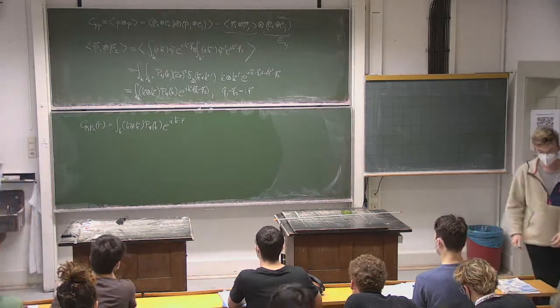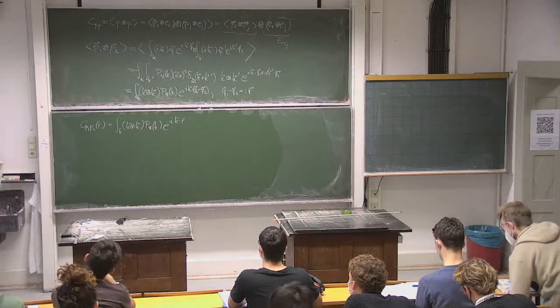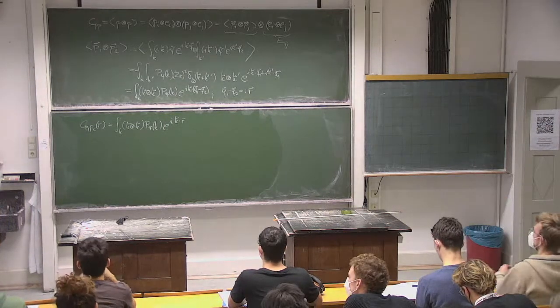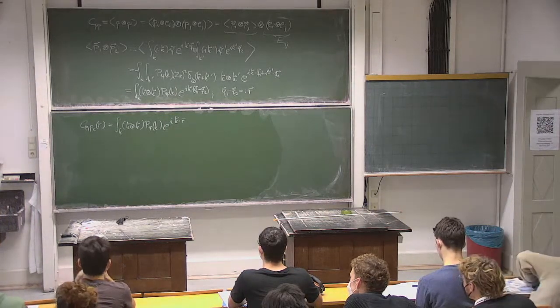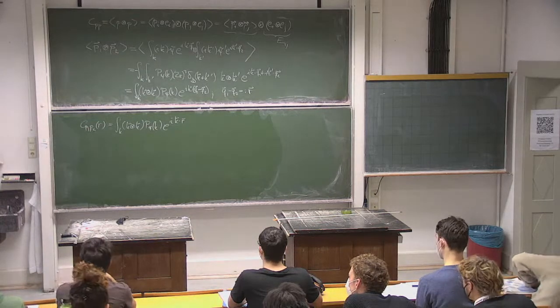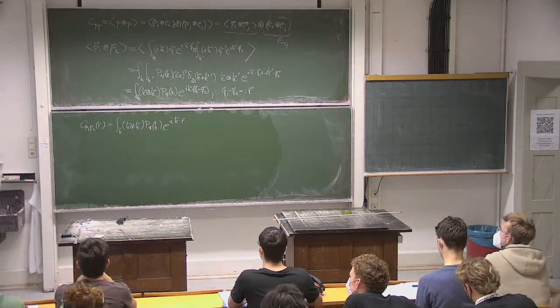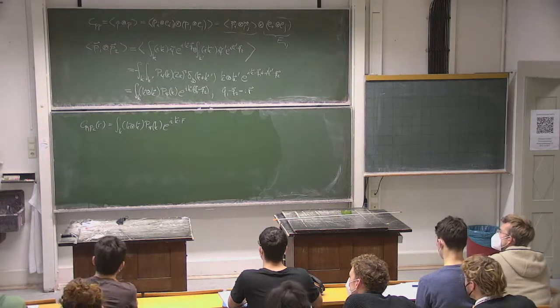What are we going to do with this? There's a tensor depending on two wave vectors, but we are integrating over the tensor product of these two wave vectors. What is the result?